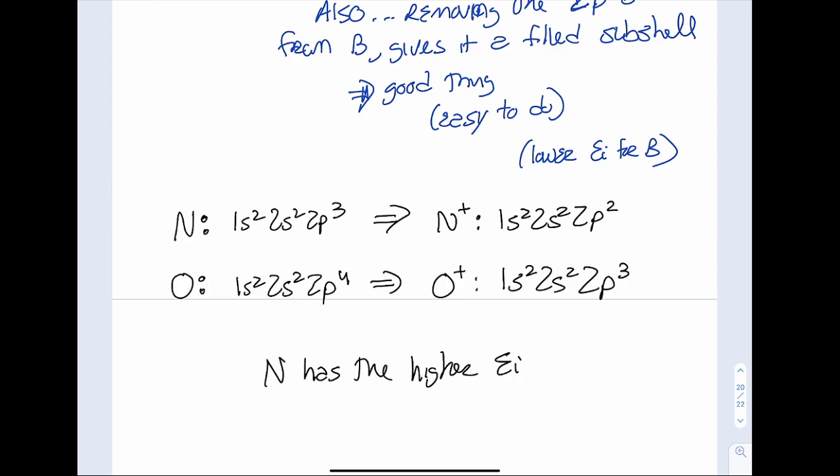But if I look at oxygen, I'm actually going from a subshell that's neither filled nor half-filled to a half-filled subshell. So I'm actually giving it relative stability when I do this. It still takes a lot of energy. We don't really think of oxygen as having a positive charge, but if I was to compare that to nitrogen, it's better, right? Nitrogen had a half-filled subshell, and I'm messing that up.